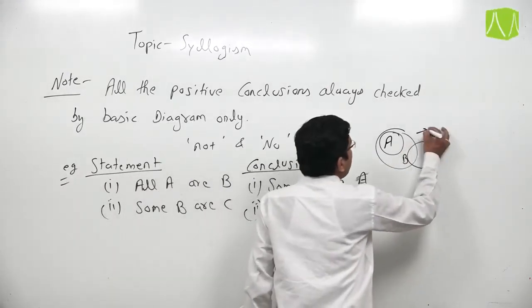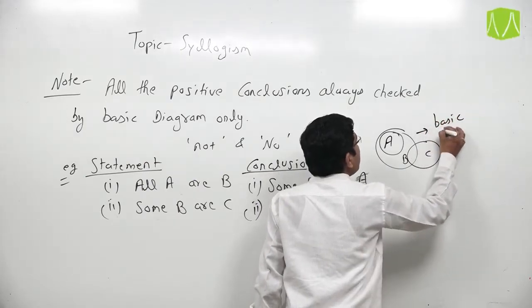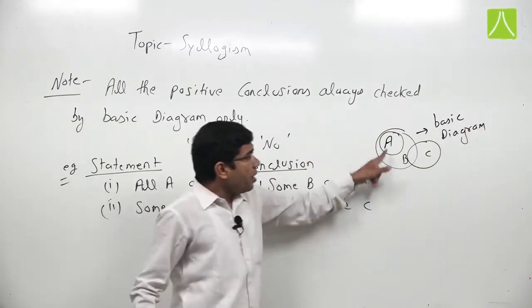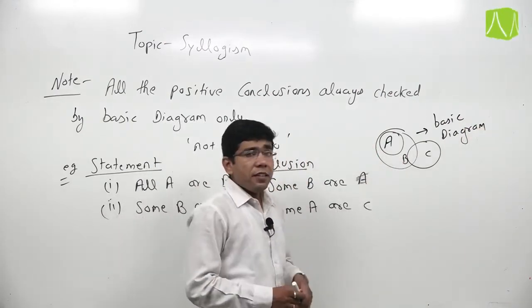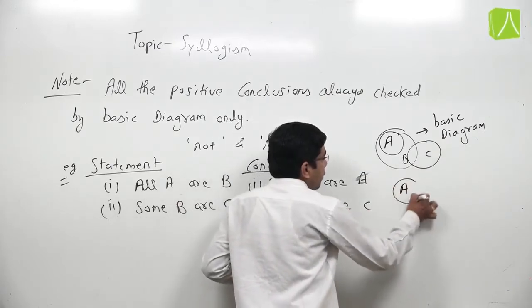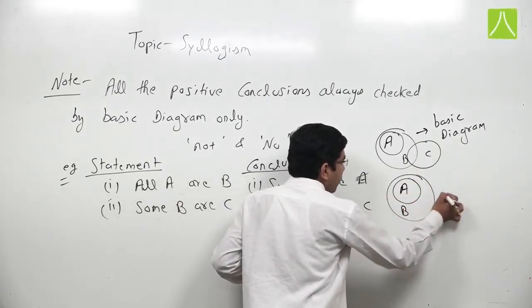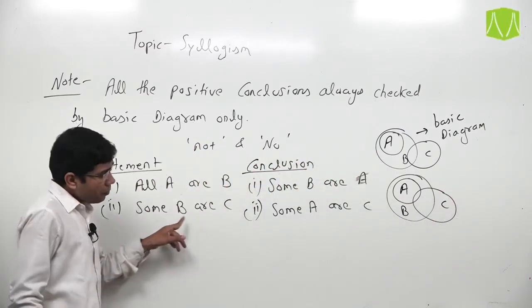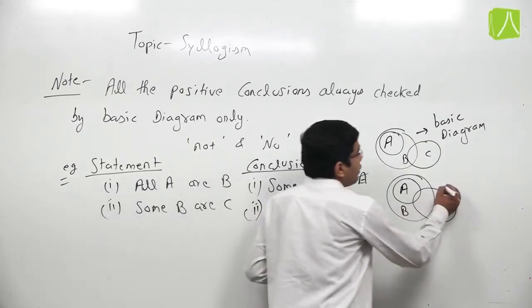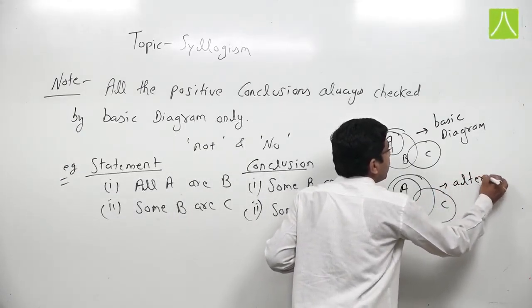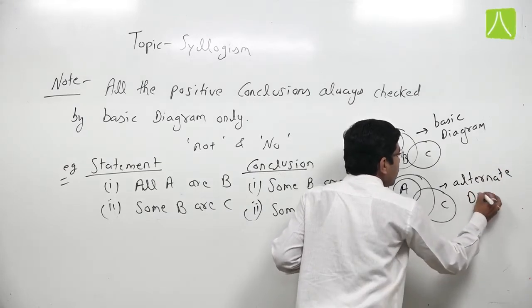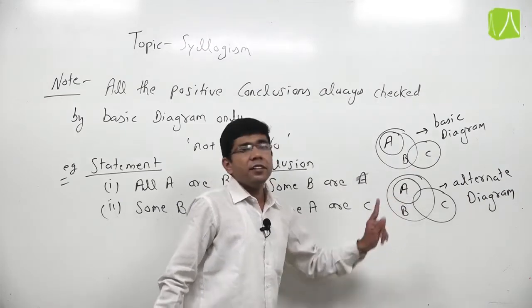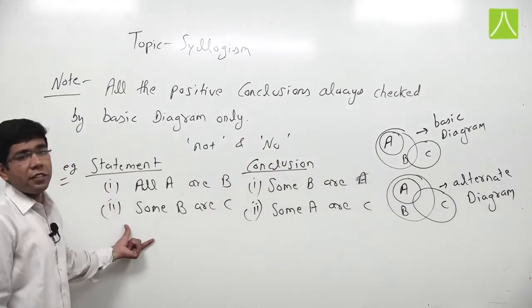Why is it the basic diagram? Because we use the statement as it is. There is only the relation between all A are B and the second statement denotes some B are C. If we draw the diagram like this, in this also all A are B is clear, some B are C is clear, but it is our alternate diagram because we create the relation between A and C in this diagram, which is not given in the statement.